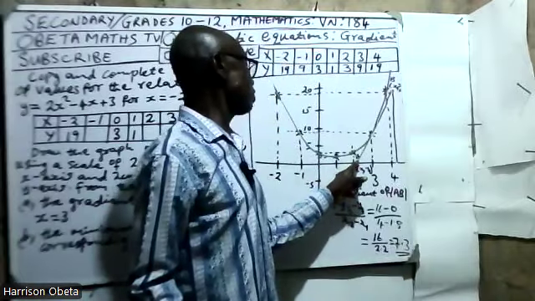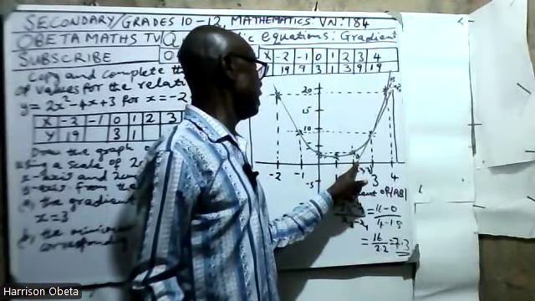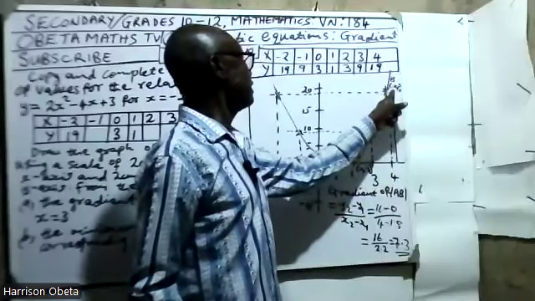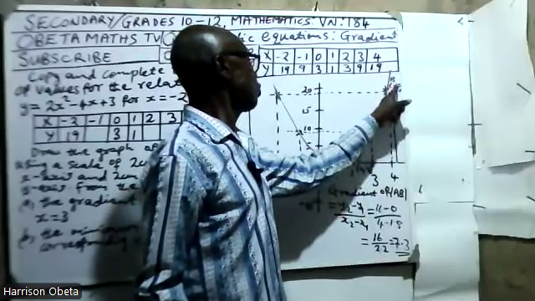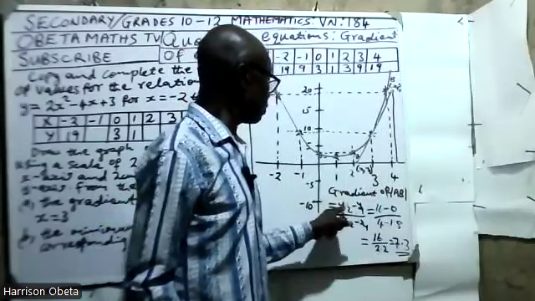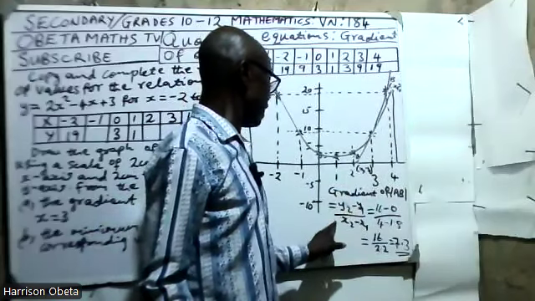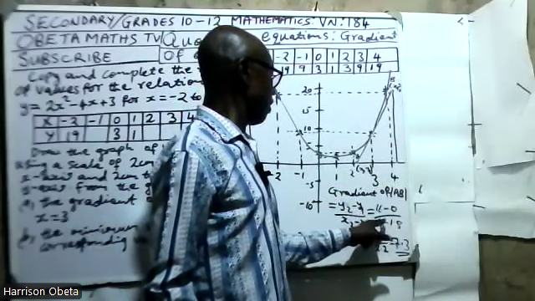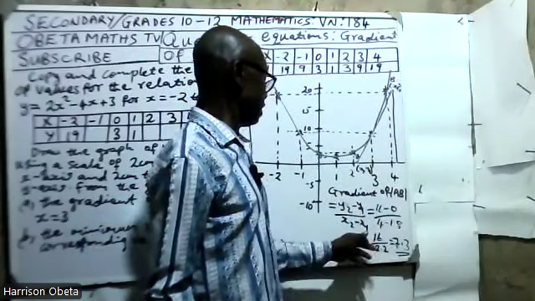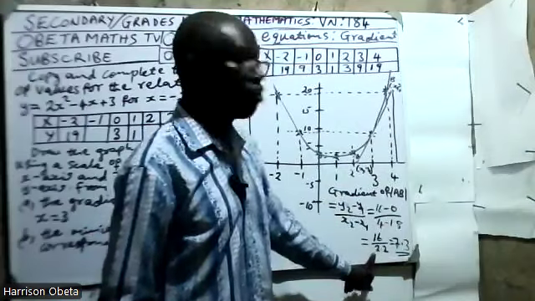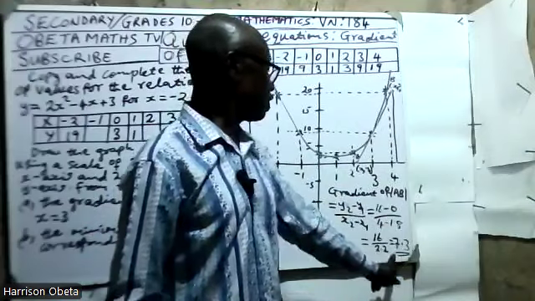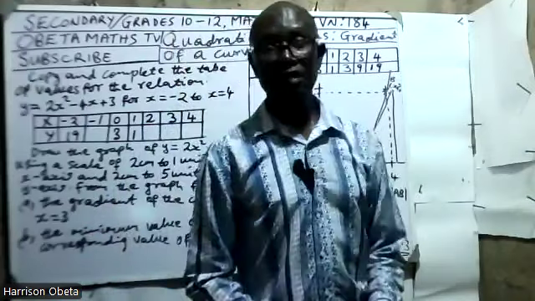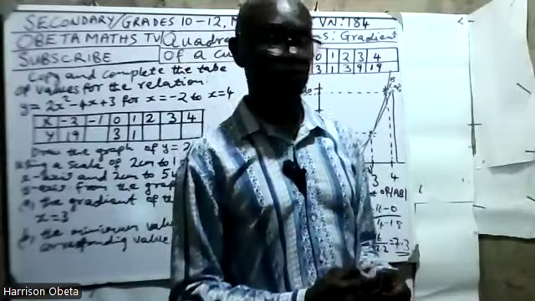The way I call x1, y1 is the origin here. The other one is the end point, x2, y2. So the formula is y2 minus y1 over x2 minus x1, which is 16 minus 0 all over 4 minus 1.8. And I got 16 over 2.2, which gave me 7.3. So that's the gradient of the curve.